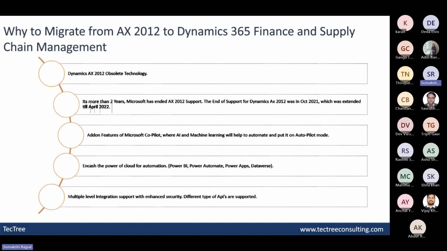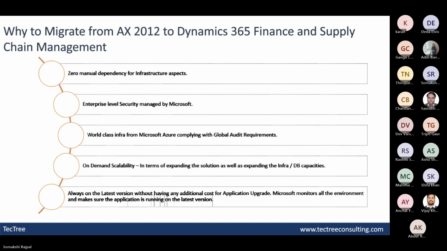Not only can it be integrated with Microsoft products, it can also be easily integrated with different third-party applications such as SAP, Oracle, LinkedIn Sales Navigator, and we have 300 plus connectors over here.